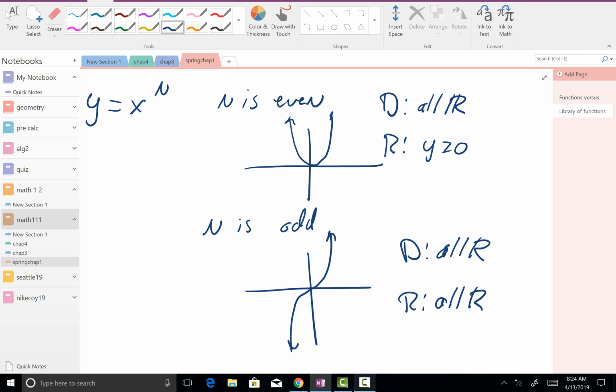That's also possible, but then they're classified as a different type of function. So power functions is a huge classification that covers a lot of different things underneath it. It's like a big umbrella, and then there are these other things underneath it. All right? Okay, so we did powers.